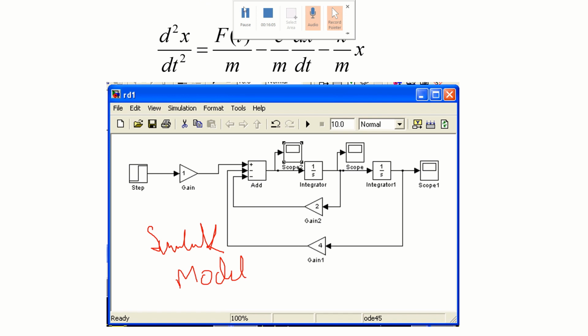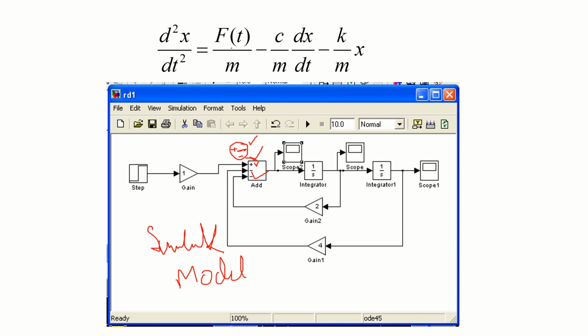Now from the Simulink library, you can choose the modeling blocks. In the older version you used to have this. In the present version you have a summing point. You can choose this one.